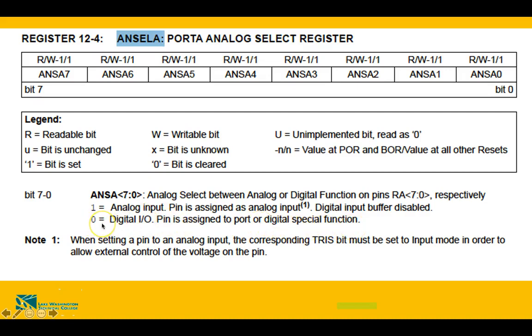So when you provide 1, this will act as your analog input. When setting a pin to an analog input, the corresponding TRIS bit must be set to input mode in order to allow external control of the voltage on the pin. So in that case, you have to make TRIS equal to 1 if you want to make it an input mode.